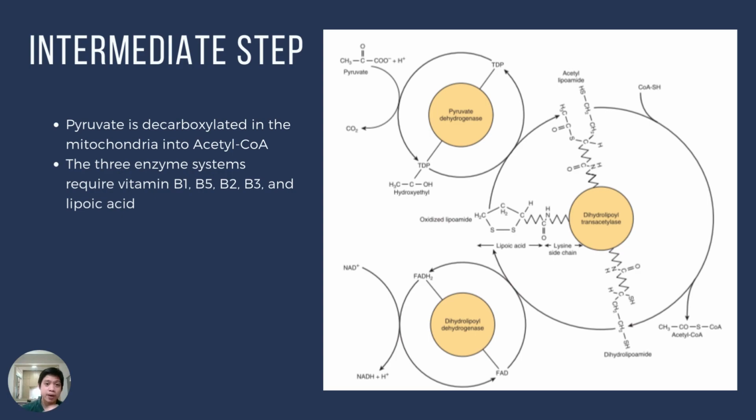Let's summarize. Pyruvate is taken up by pyruvate dehydrogenase, and the end product there would be hydroxyethyl after releasing carbon dioxide. Hydroxyethyl is taken up by enzyme complex number 2. It binds first to lipoic acid, which serves somewhat like a plate that holds hydroxyethyl as if hydroxyethyl is the food.